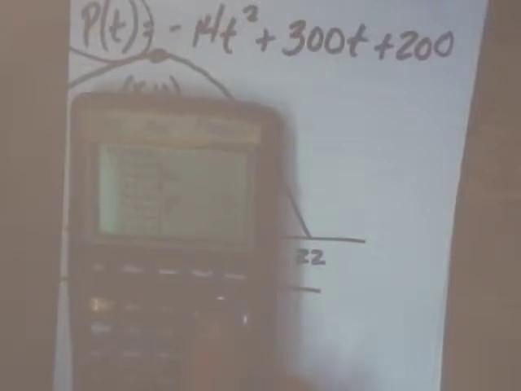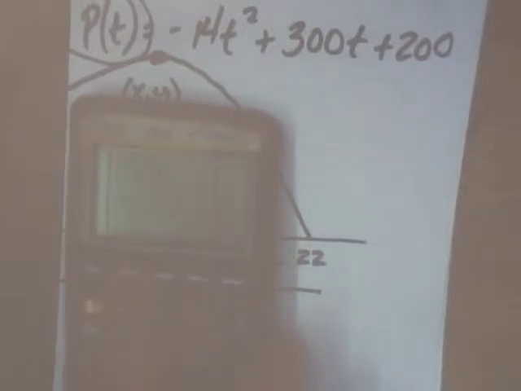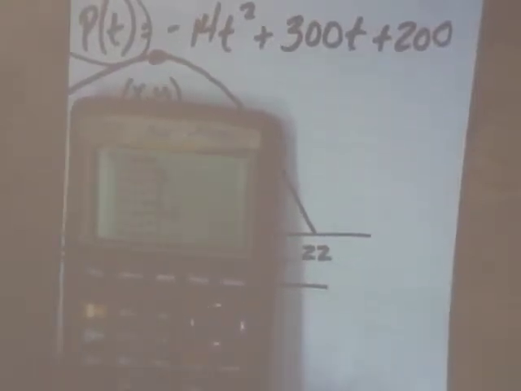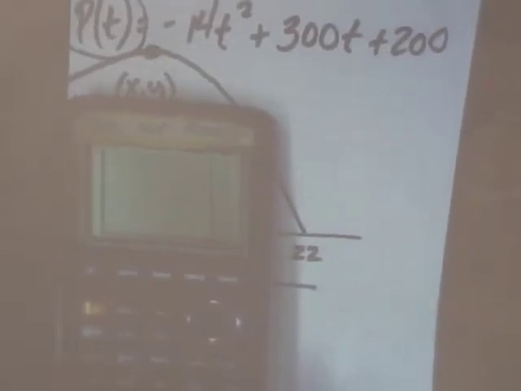How about my y minimum? 0. Y max? It's got to be greater than 200, right? So what do you want to go to? 210. 300. We're going to live dangerously here on Tuesday, huh? 210. Okay, let's hit graph. I don't think we went high enough. 300, just to be safe. Okay. 350.